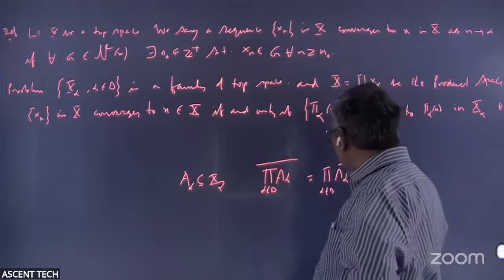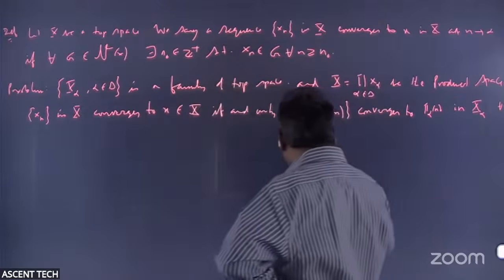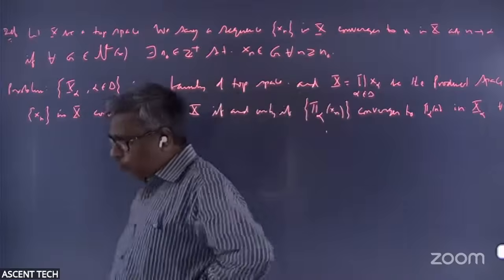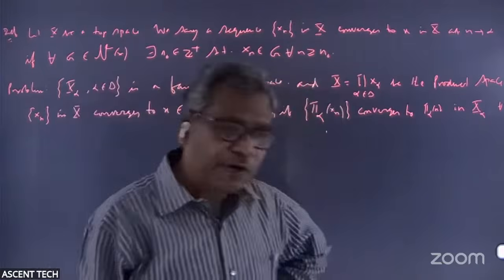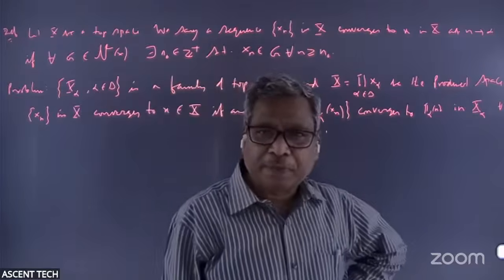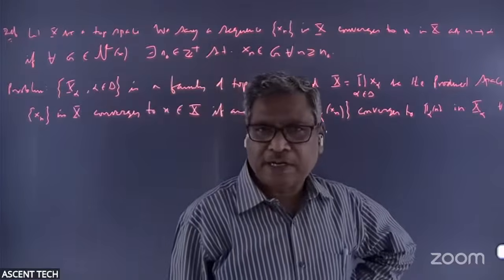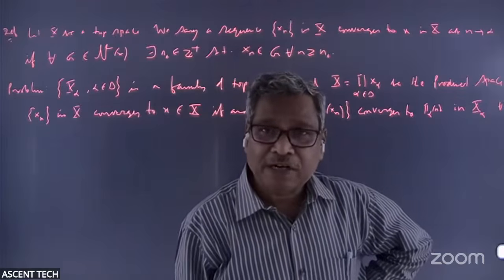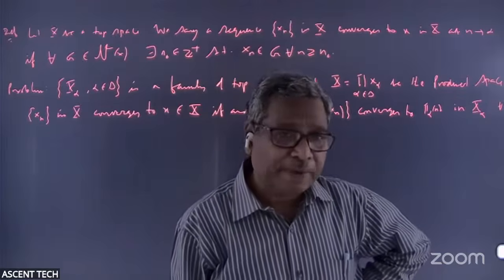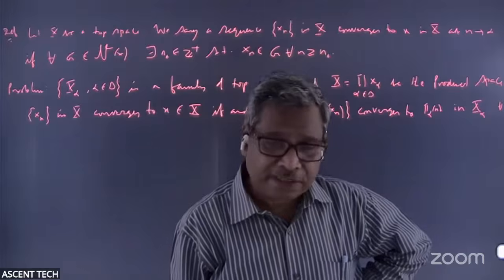I have not talked about many more things on product spaces, but we do talk about a very important thing. Unfortunately, we don't have many properties: separability, second countability and Lindelofness are the only three properties we discussed. We have discussed lots more properties, separation axioms, compactness.